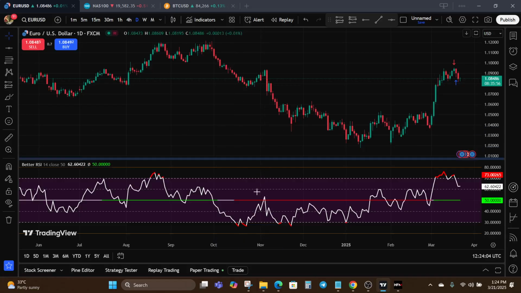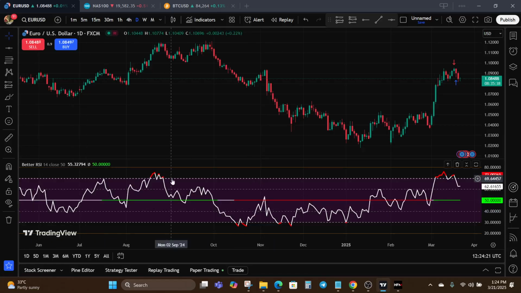Now, the Better RSI indicator is an enhanced version of the traditional relative strength index, like I said, and it helps traders measure momentum strength, trend direction, and potential reversal zones with greater accuracy.